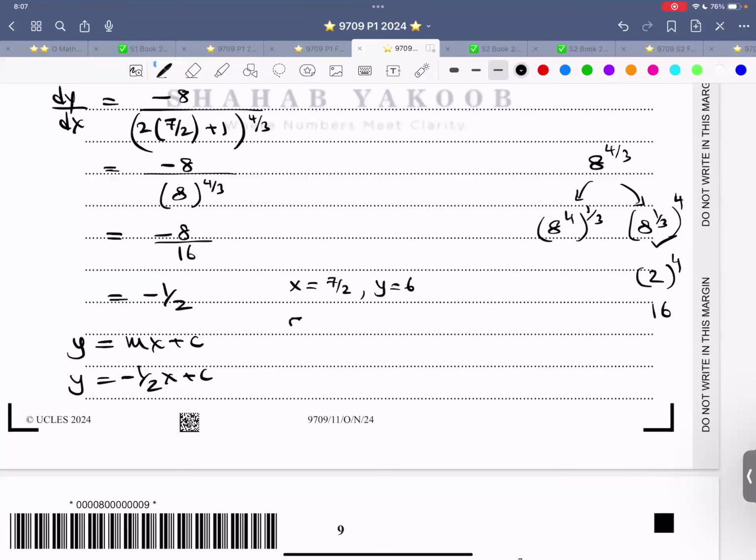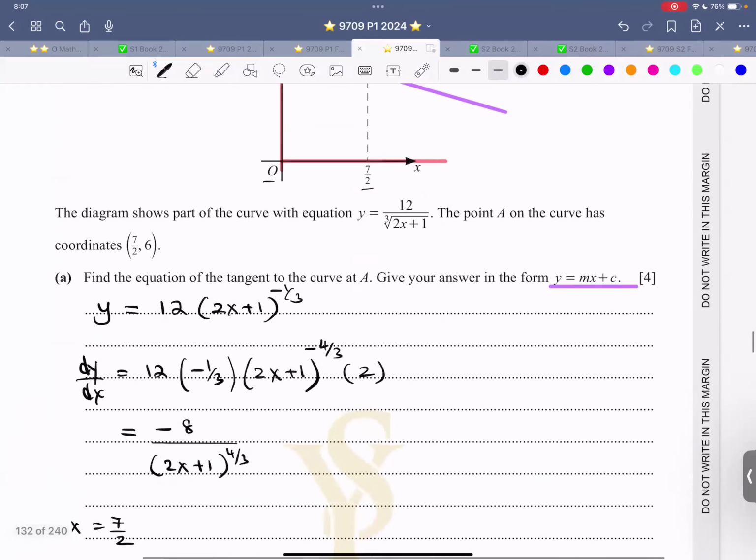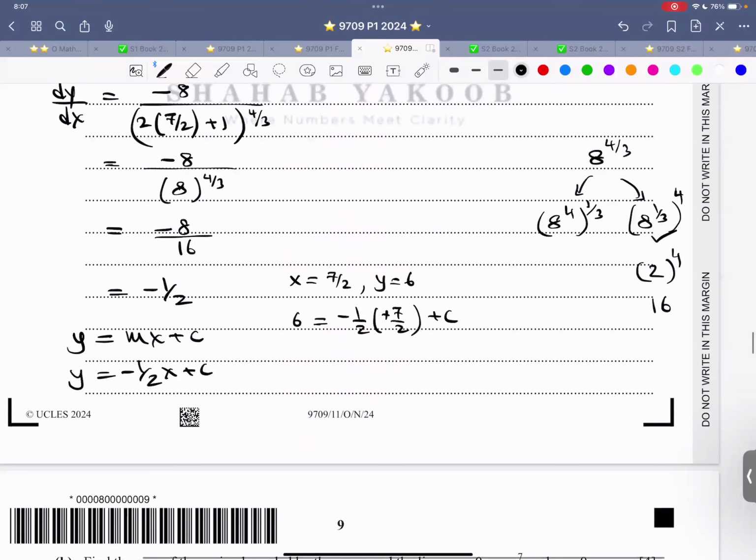That is 6 = negative half times 7 over 2, plus c. No, it's just 7 over 2. Don't make that mistake. So therefore, 6 = negative 7 over 4 plus c.